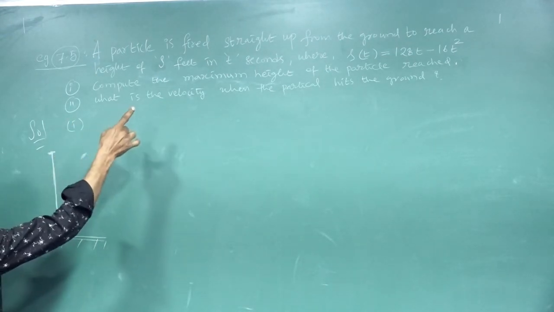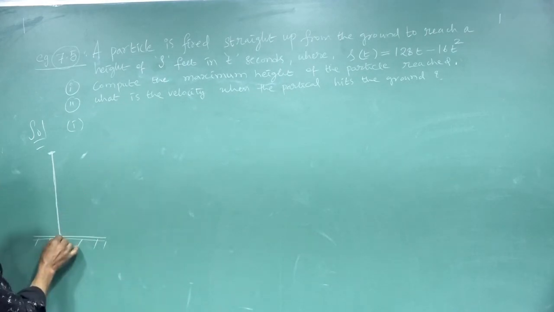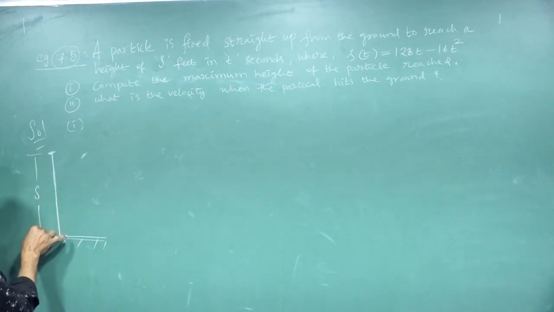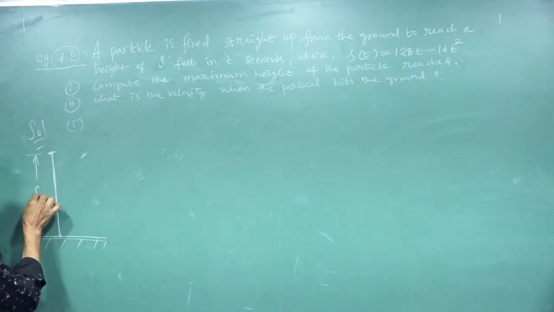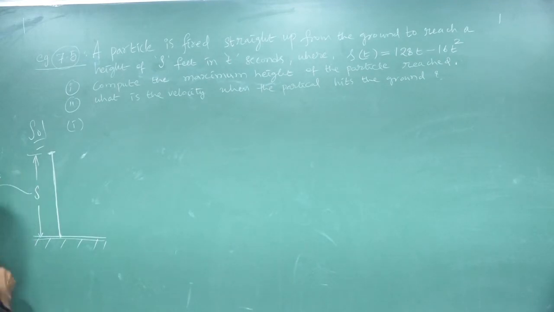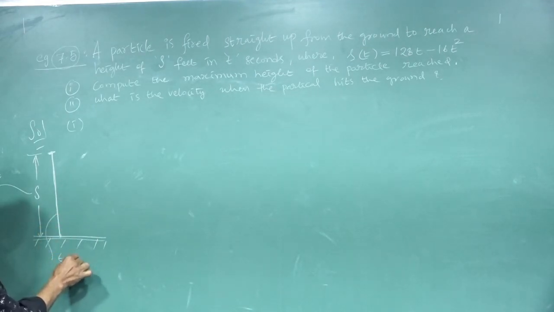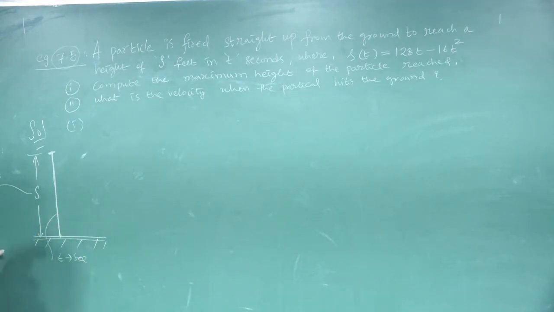A particle is fired straight up from the ground to reach a height of s. This distance is s. This s term is in feet. In t seconds, time is t seconds.